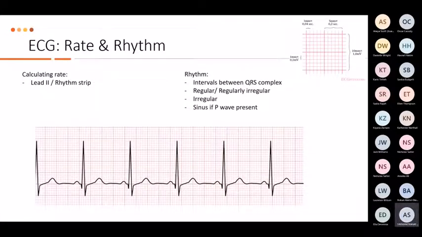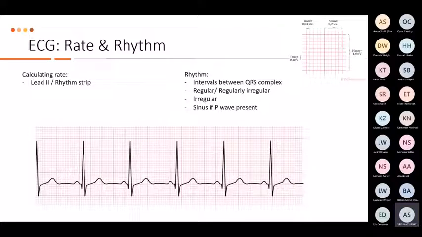The rhythm is determined by the intervals between the QRS complexes. A good way of doing it is getting a piece of paper, putting it over the ECG and marking the gap, and seeing if it matches up with the other gaps between each pair of QRS complexes. This will help you identify if it's a regular rhythm, with equal gaps between each QRS complex, or if it's irregular.